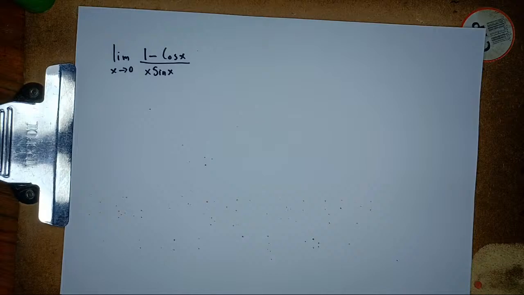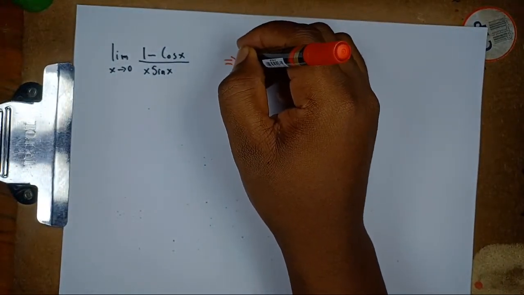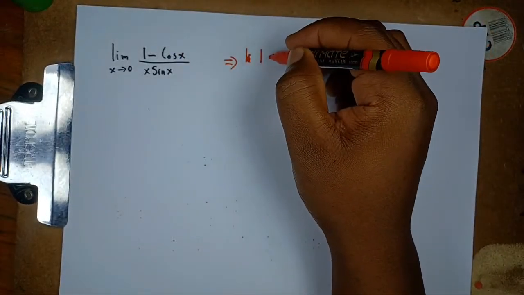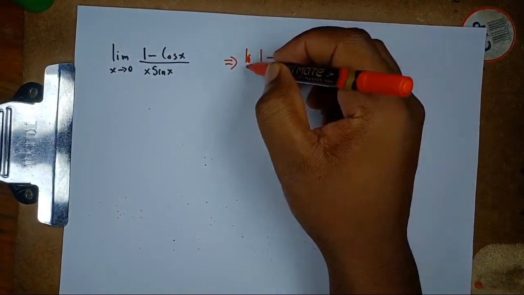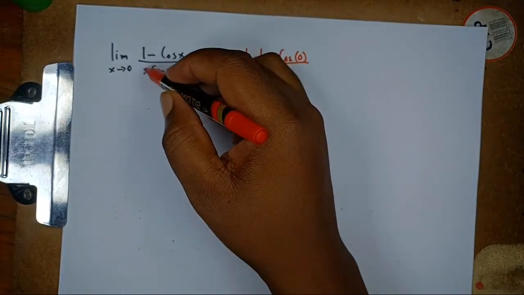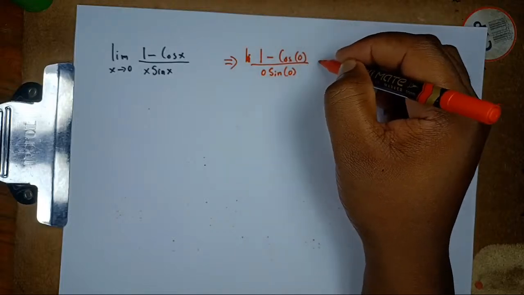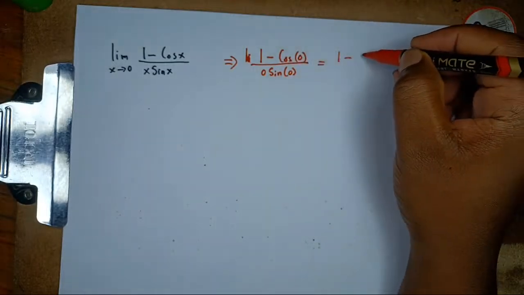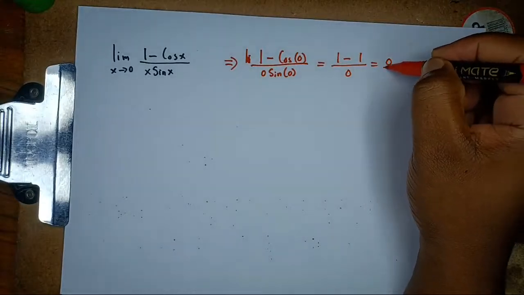If we try to find the limit by going direct, this is what we're going to get. We apply the limit: 1 minus cos 0, divided by 0 times sine 0. This gives us 1 minus 1 divided by 0 times 0, so 0 over 0.